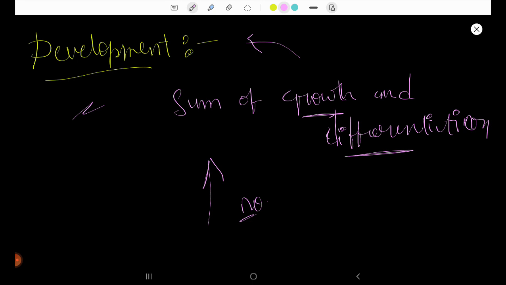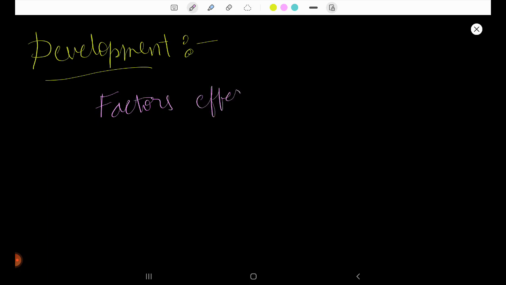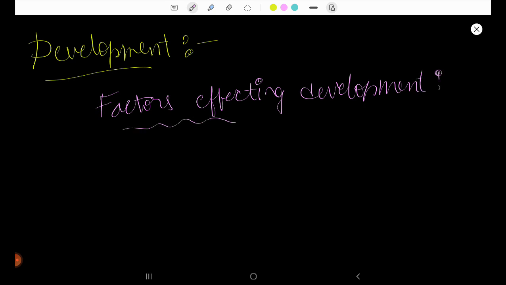Now let's see the factors which affect this development in plants. We have two factors mainly. Let me write the topic name: factors affecting development.